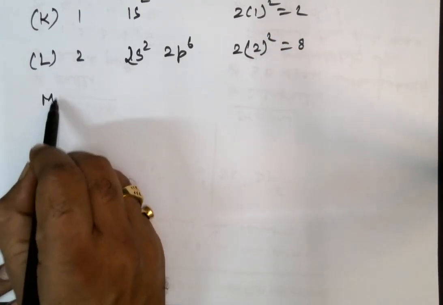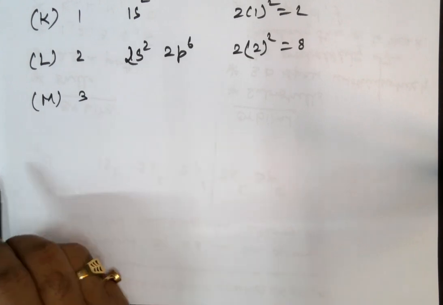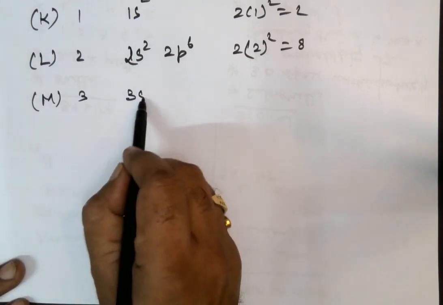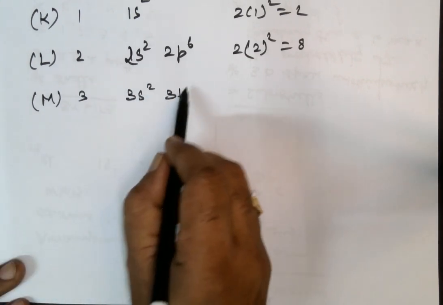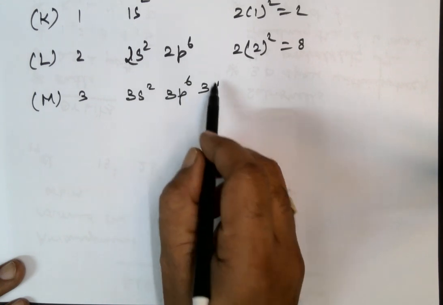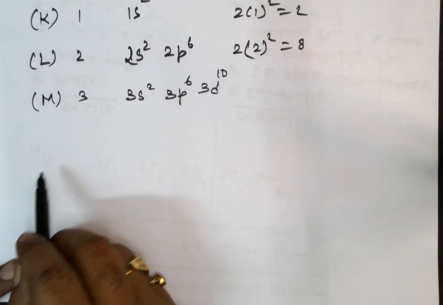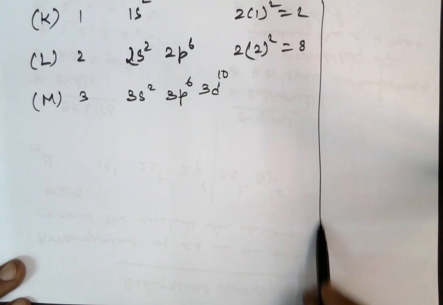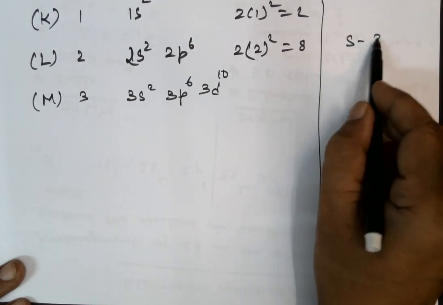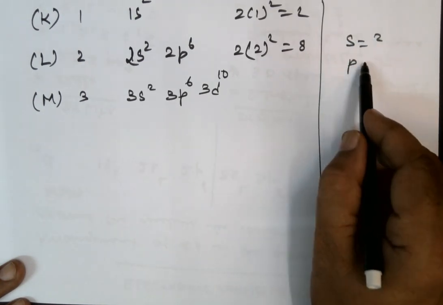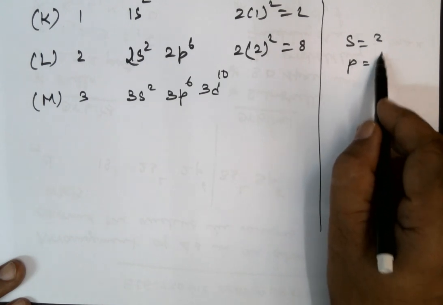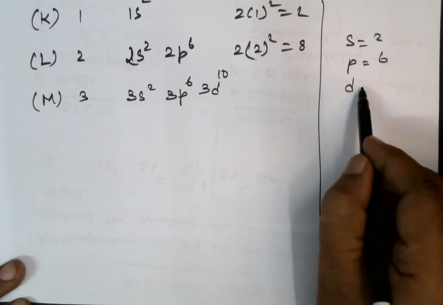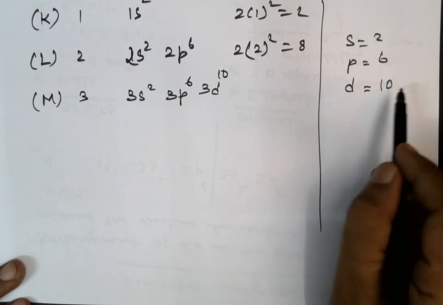And M shell, where we have n equal to 3. So 3s2, 3p6, 3d10. So s orbital can have maximum 2 electrons. P orbitals can have maximum 6 electrons. D orbital can have maximum 10 electrons.